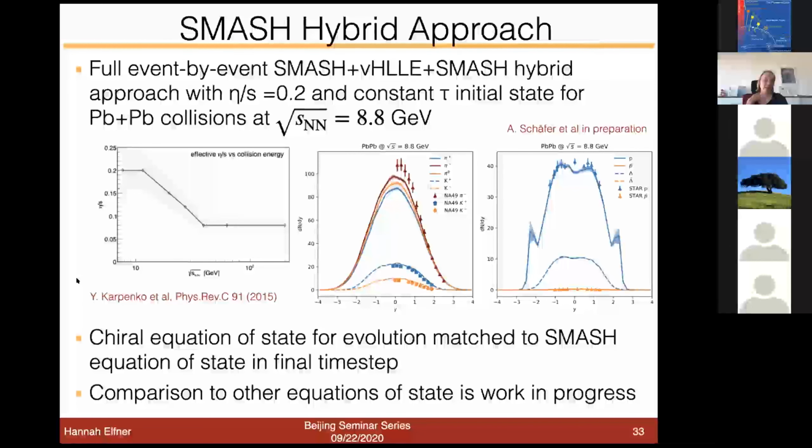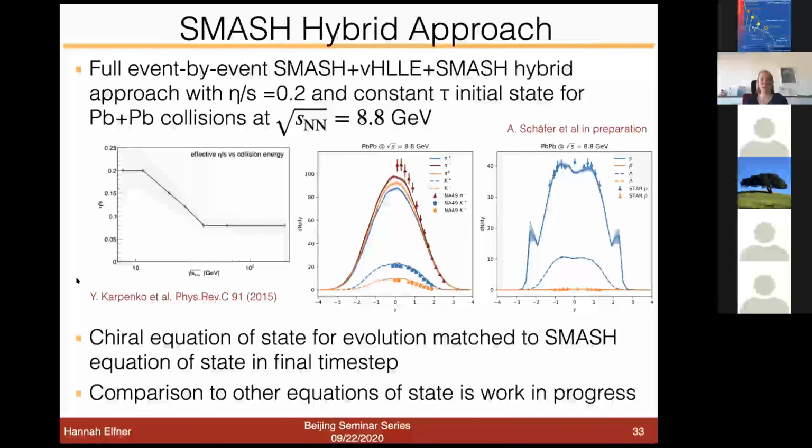We have basically achieved the same full event-by-event hybrid approach based on the SMASH initial state with the SMASH final state. And we use, in this case, a shear viscosity over entropy ratio of 0.2, as it came out from this study over here in this energy range.